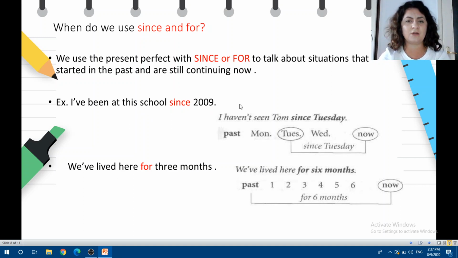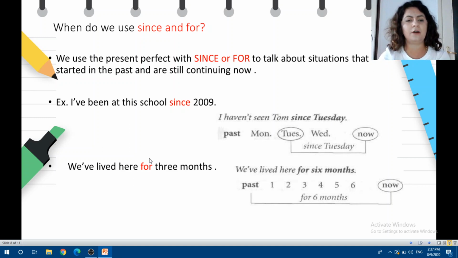Or this next example. I haven't seen Tom since Tuesday. We can see that since refers to the starting point, since Tuesday.